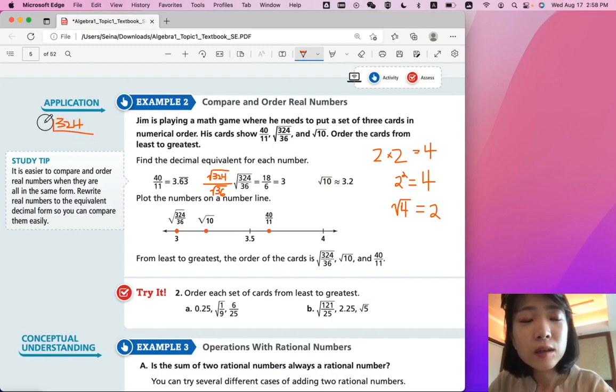324, if you factor it out, if you divide 324 by 2, you get 162. And divide until you cannot divide. So divide that by 2 again, you get 81. Divide it by 3, and you get 27.